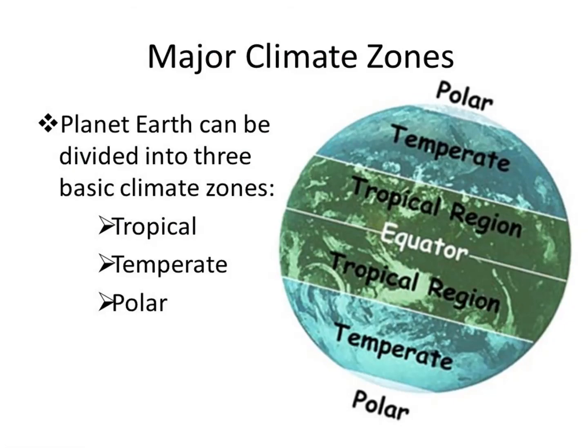So the total number of major climatic zones are 3. Planet Earth can be divided into 3 basic climate zones: tropical, temperate and polar.